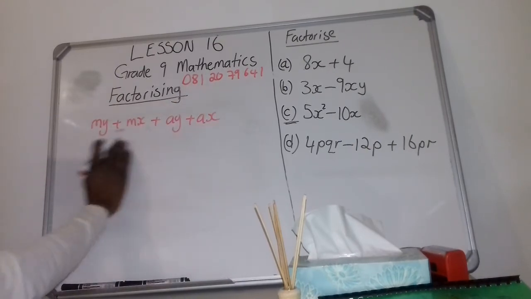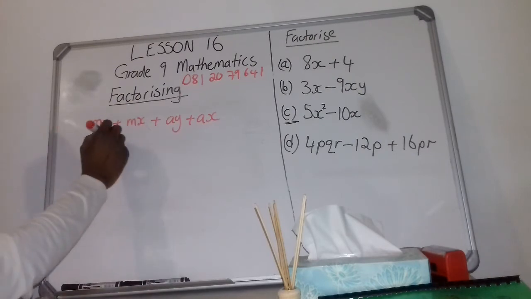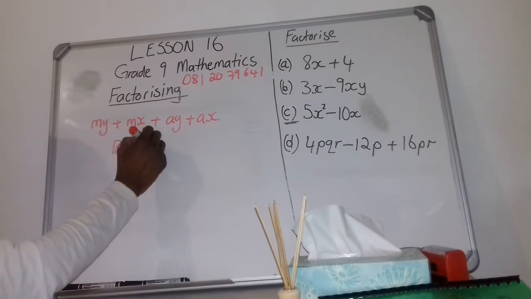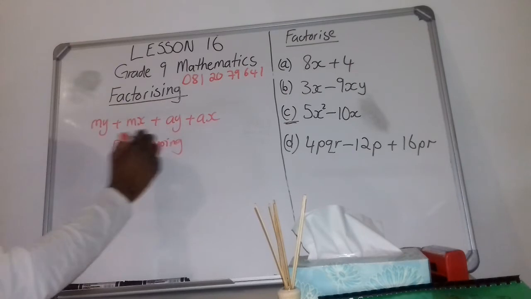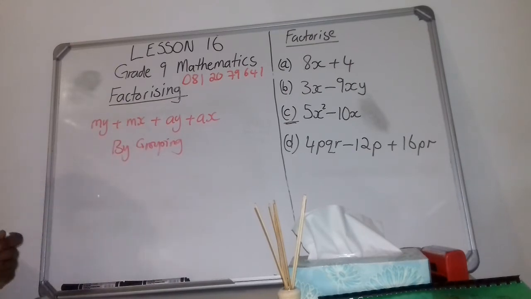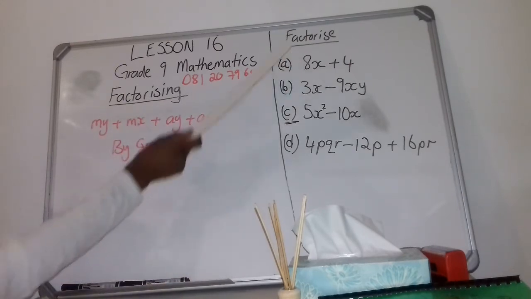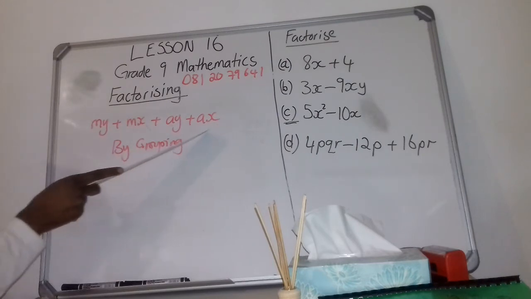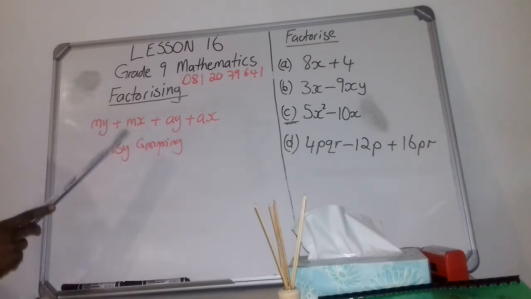So you'll be given 4 terms, and you factorize by grouping. So far I've shown you how to factorize 2 terms and 3 terms, but when you are given 4 terms, you factorize by grouping. So that will be in video number 17.